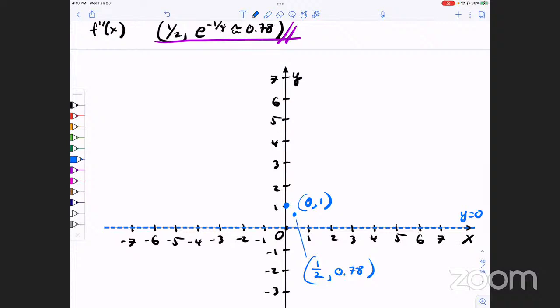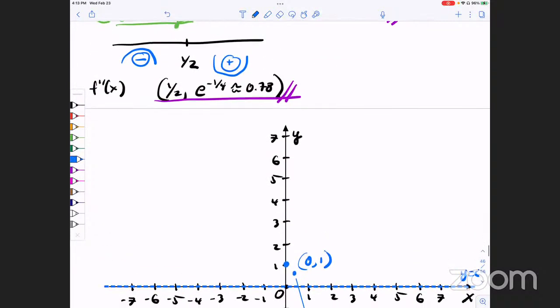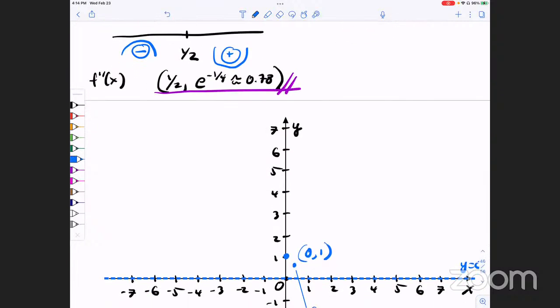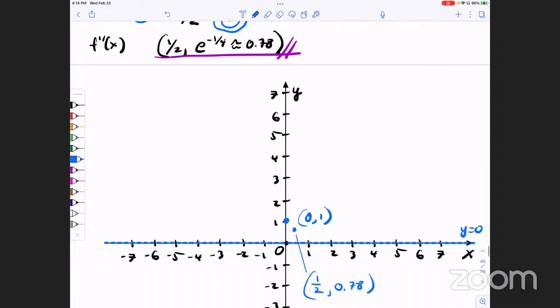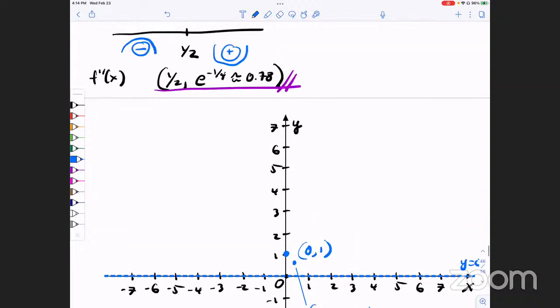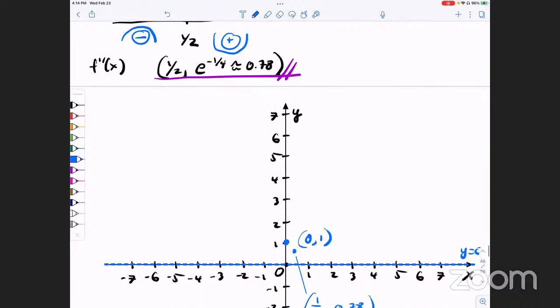Let's see. We know it gets close, and we said that that's a max. Oh, okay, I see it. We know we finish close going off to the right. It passes through, oh, you know what? No. Let's keep going.